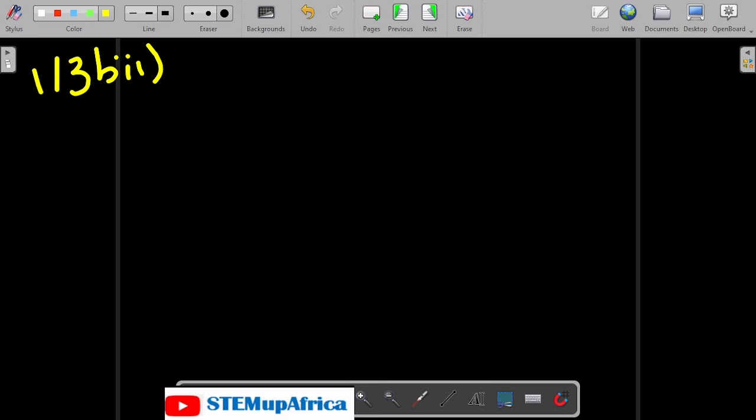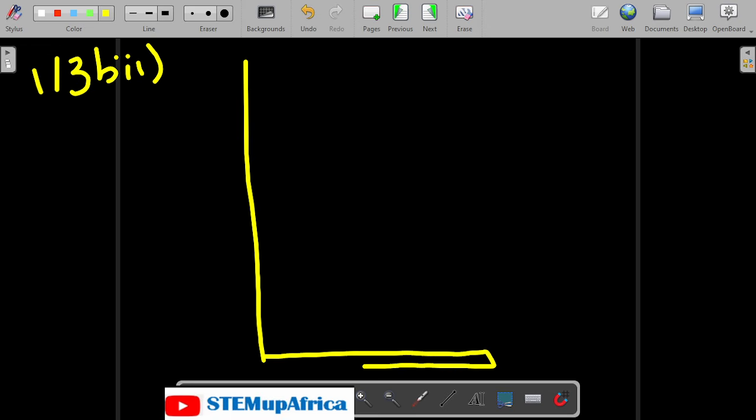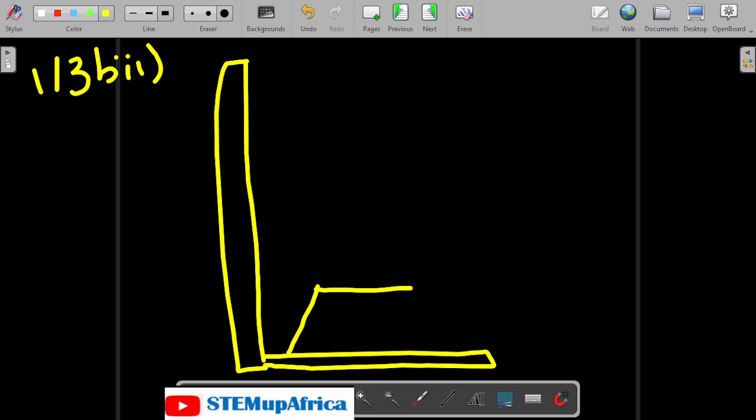If I want to draw this diagram, you can also look it up. I will have my retort stand. Here is the base. Here we have a tripod and the wire gauze.